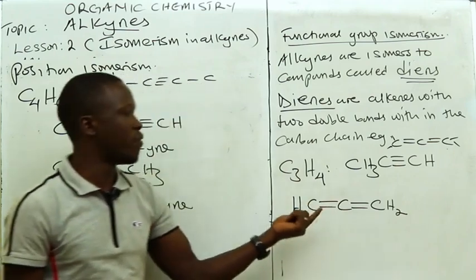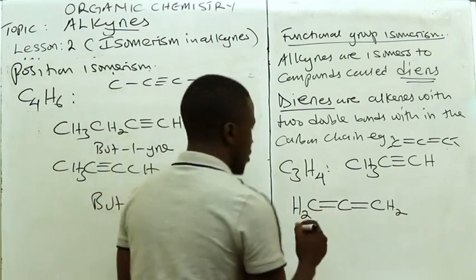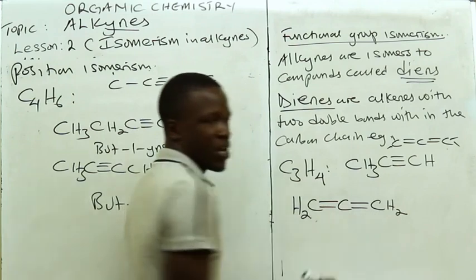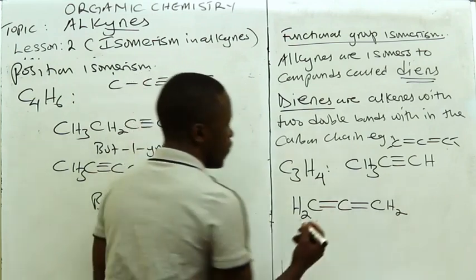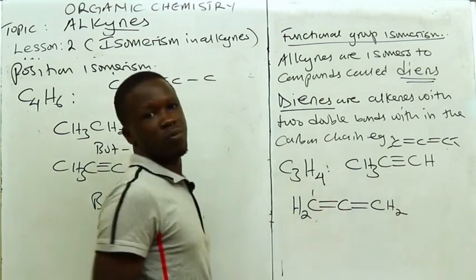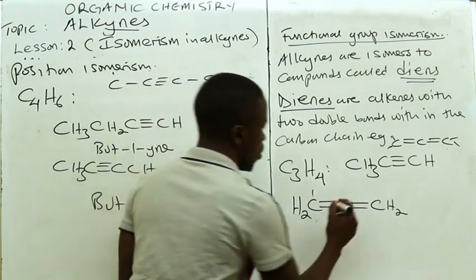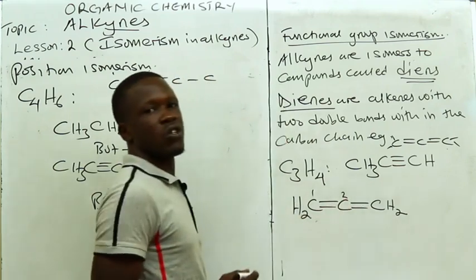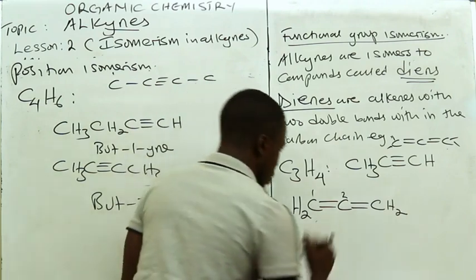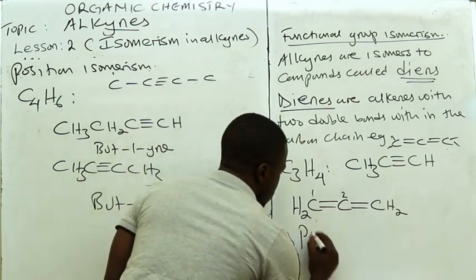What's the name of this one? This one is 1, 2, 3, so there are 3 carbons. But we have on the first carbon atom, there is a double bond. On the second carbon atom, there is also a double bond. So we say this is prop.